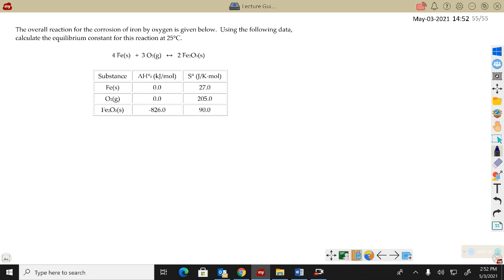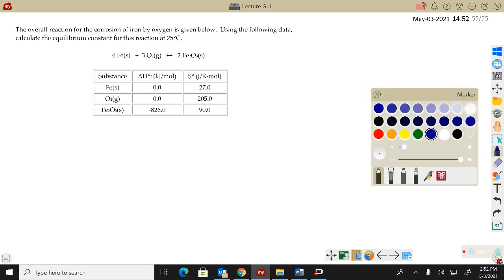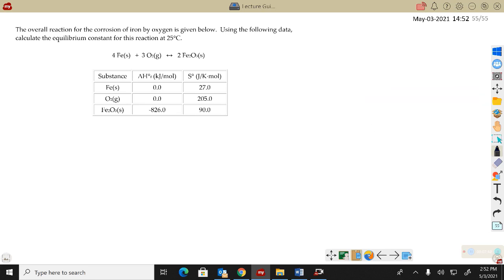If I eventually want to calculate the equilibrium constant, then I want this equation: delta G equals negative R T ln K, and I can solve for the equilibrium constant. I know the temperature. I know R, that's in my packet.